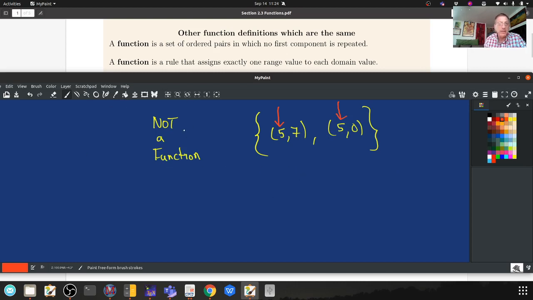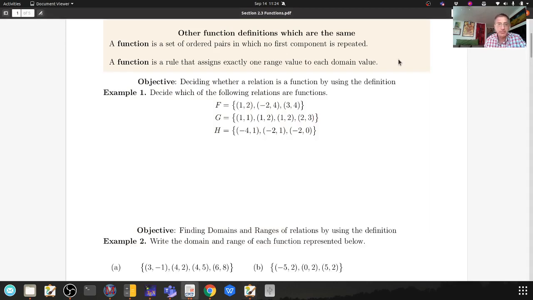And another definition of a function is a rule that assigns exactly one range value to each domain value. So this is assigning two range values, right? The range value of 7 is assigned to 5, and the range value of 0 is assigned to 5. Well, that can't happen if you have a function.